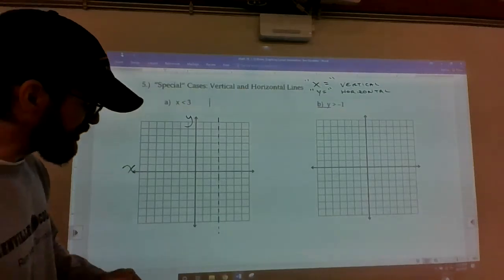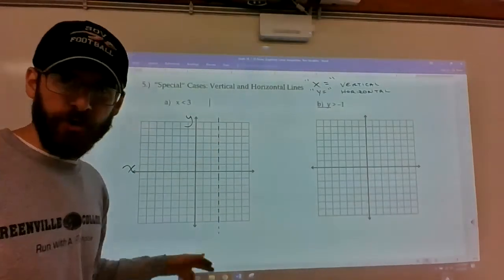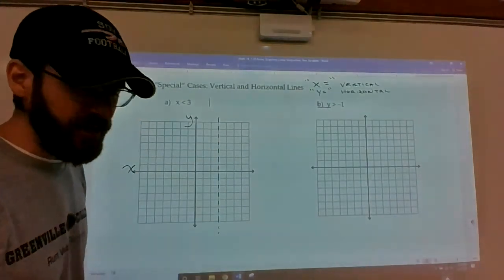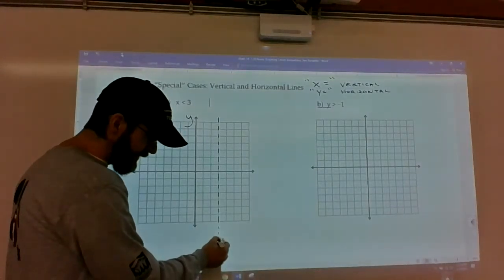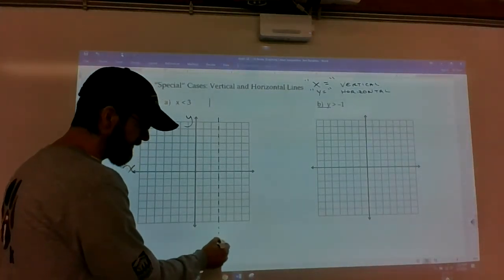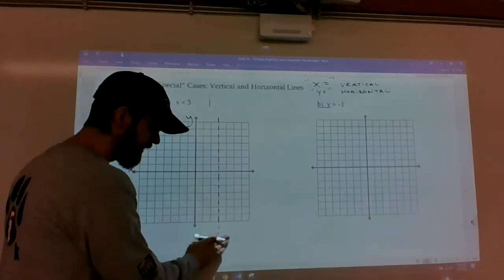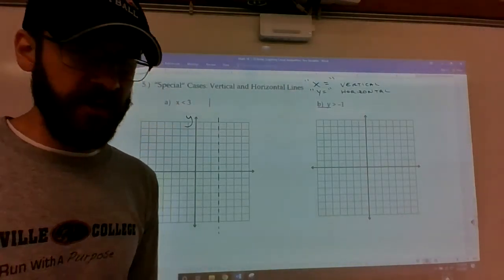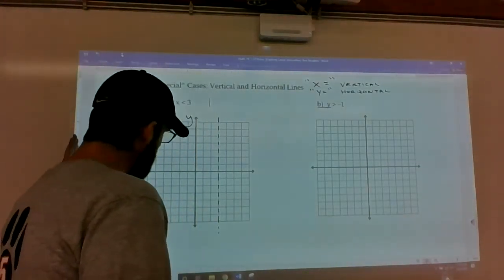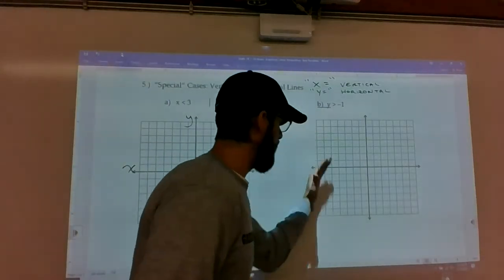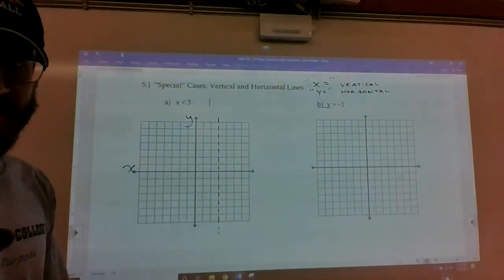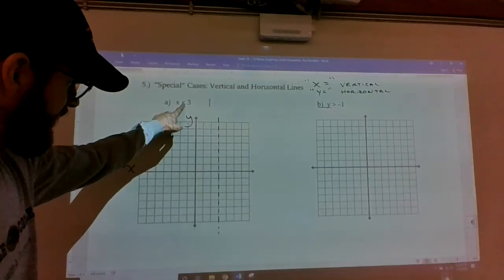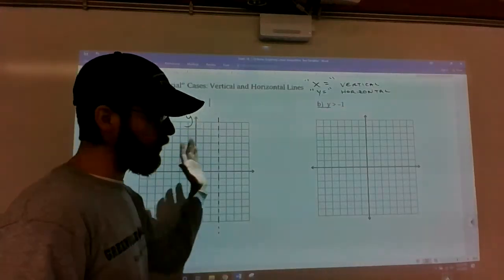And you really can't shade above or below a vertical line. That is the line. So you have to think more in terms of left of the line or right of the line. So what do you guys think? Less than, left of the line or right of the line?